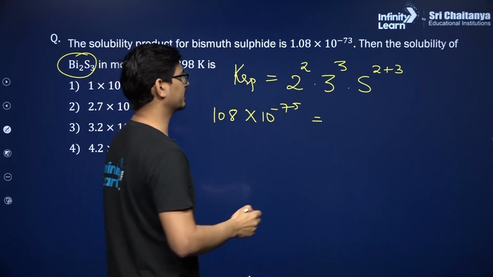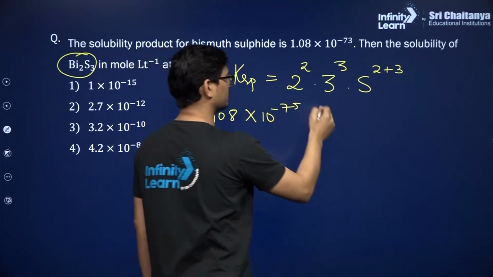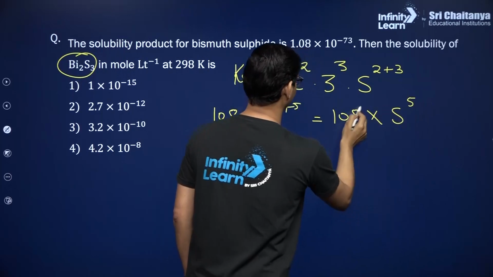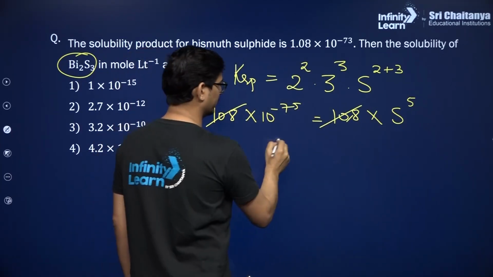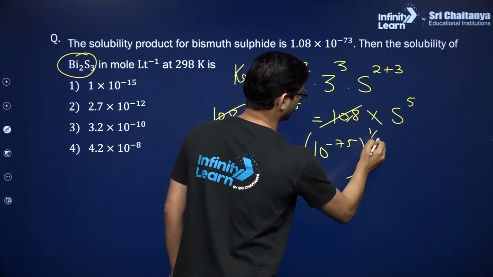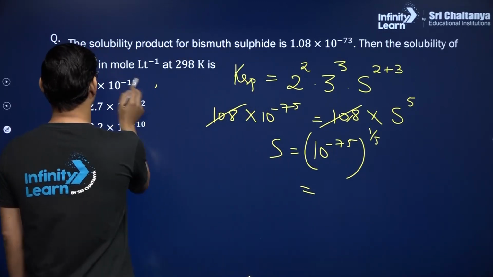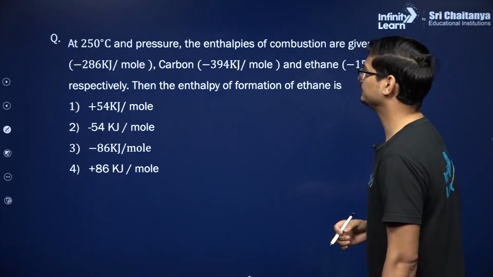I can rewrite it as, right, 2 square is 4, 3 cube is 27, 27 into 4 is 108 multiplied by solubility raised to the power 5. So yes, solubility raised to the power 5 is 10 to the minus 75. So solubility will be 10 to the minus 75, raised to 1 by 5. So that will give us option 1 as the correct answer, 10 to the minus 15 mole per liter.